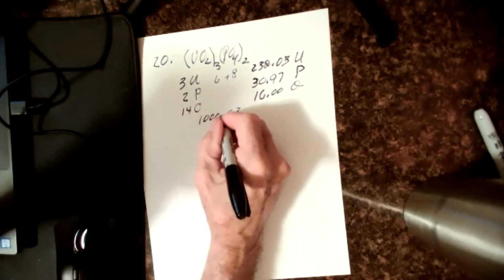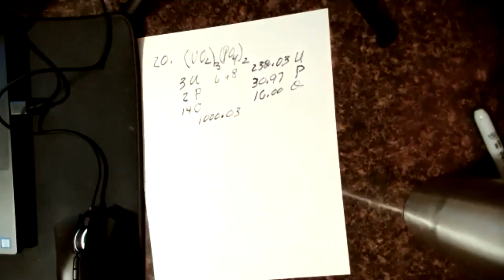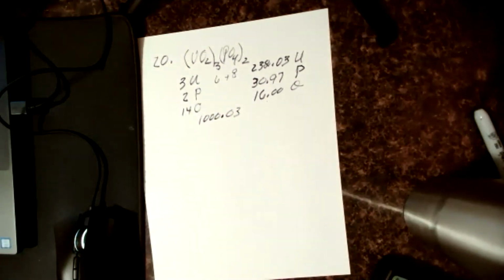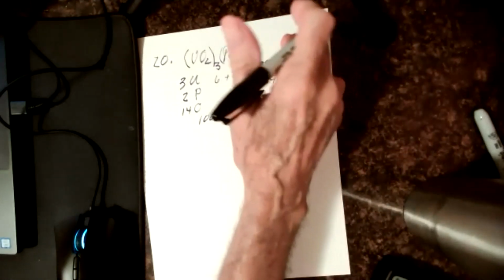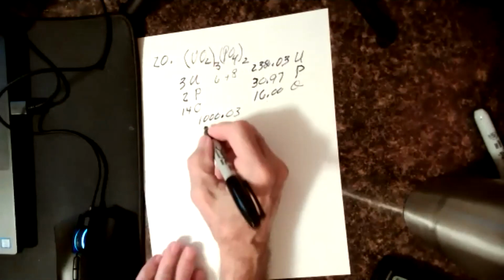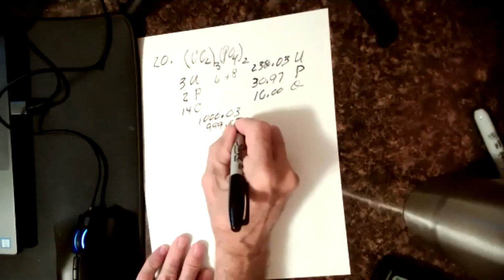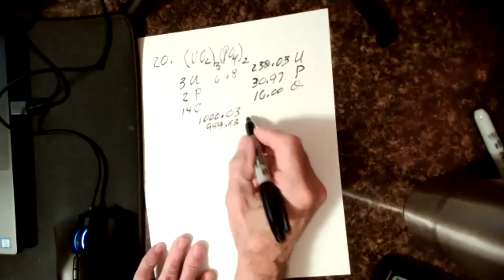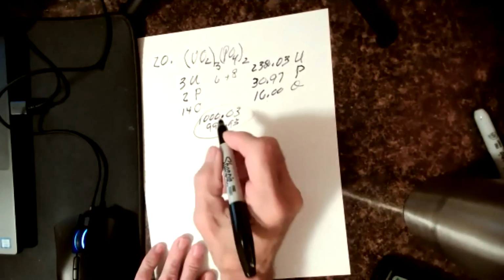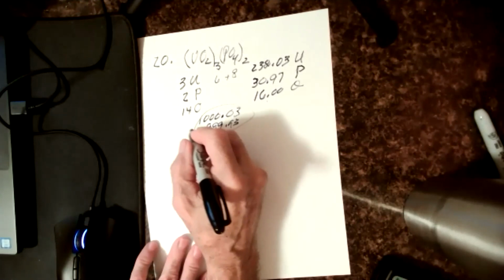1000.03. That's kind of unusual, isn't it, for molecular weight? Okay. I used some extra digits here that I didn't on there. The answer on the problem is 999.93. So that's the answer we got. That's what's shown on the test. So that's the correct answer.